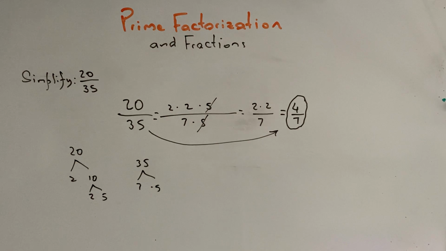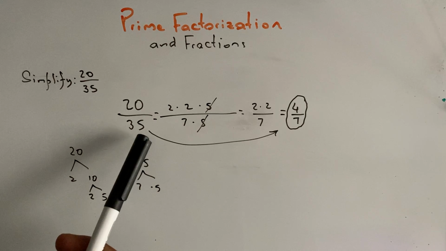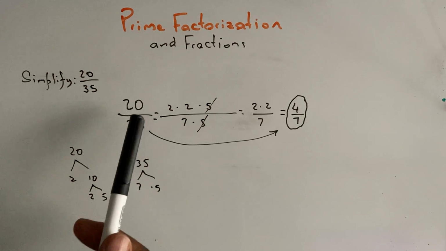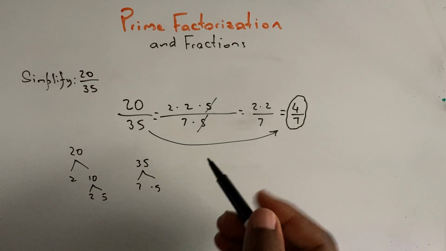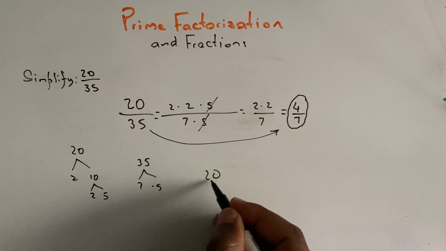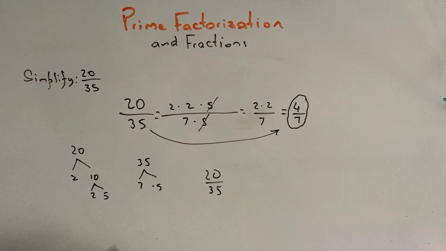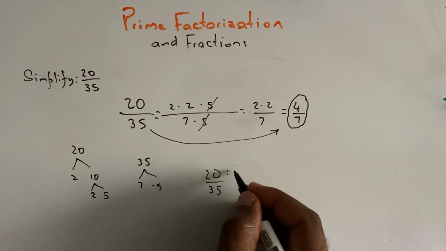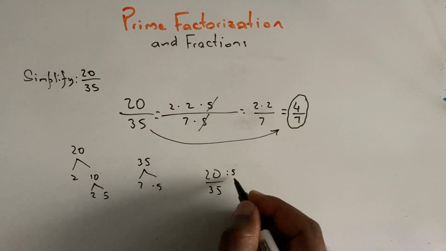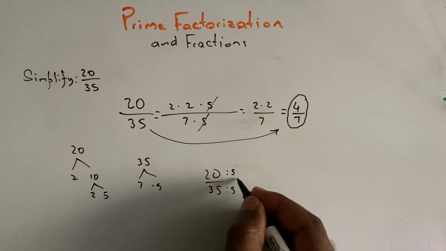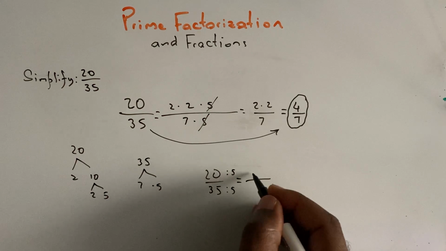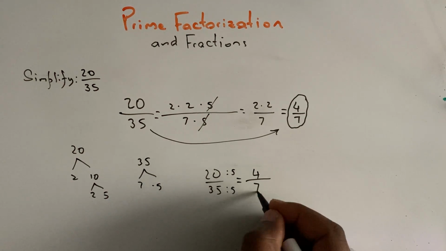All right, so you can actually use the prime factorization for numbers to simplify fractions. Obviously, most of the time you could just go by having this right here. Let me show you. For 20 over 35, you could just use 5: divide the top by 5, divide the bottom by 5, then you'll have 4 over 7, right?